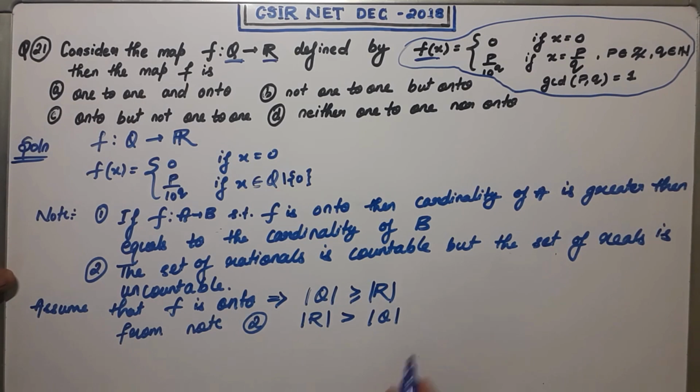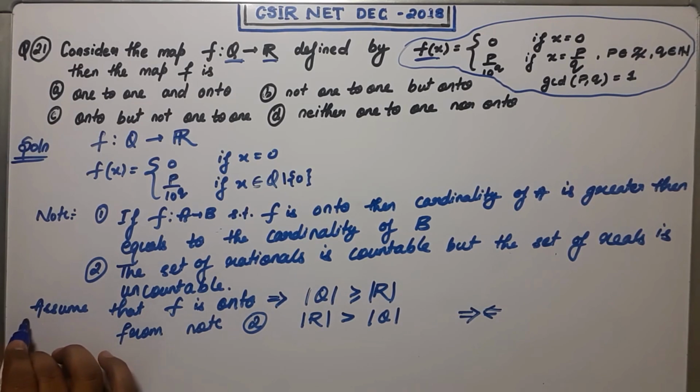So we will get a contradiction, because you are assuming that your function is onto, which directly implies that the cardinality of rationals must be greater than or equal to the cardinality of reals. But from note number 2 you are getting that the reals have greater cardinality than the rationals. So it's a contradiction.